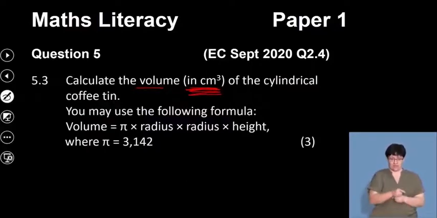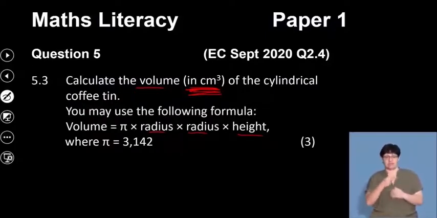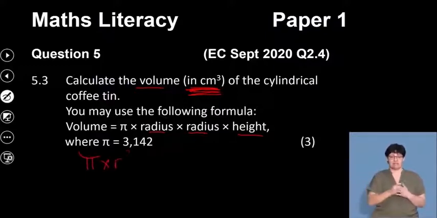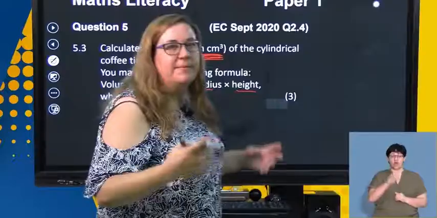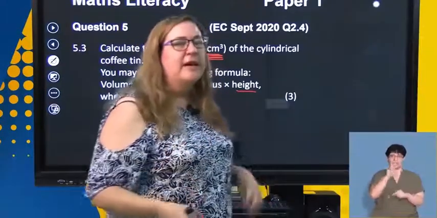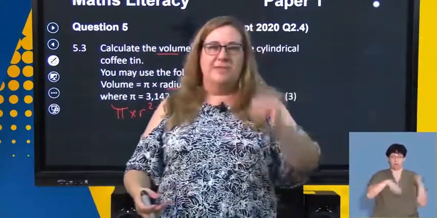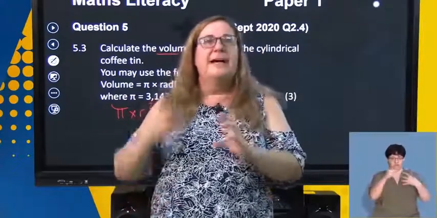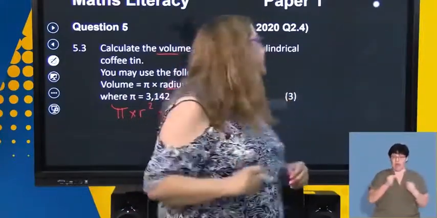And then they tell you that you may use the formula. You've got pi times radius times height. You might remember this formula as pi times radius squared times height. So the radius squared is the same as your radius times your radius. And the reason we put that formula in is because, again, a four-function calculator does not have the squared button.